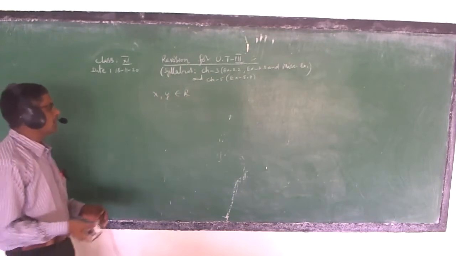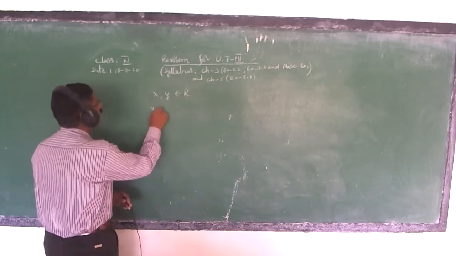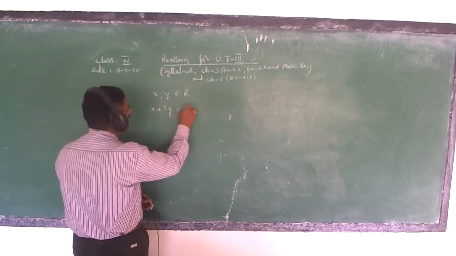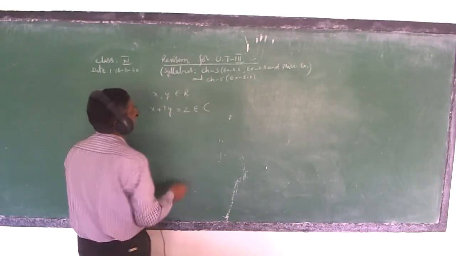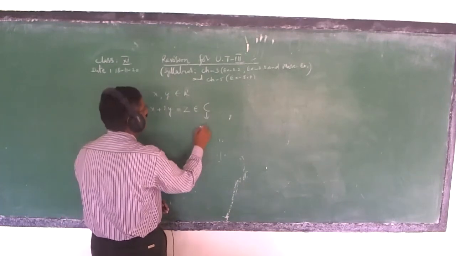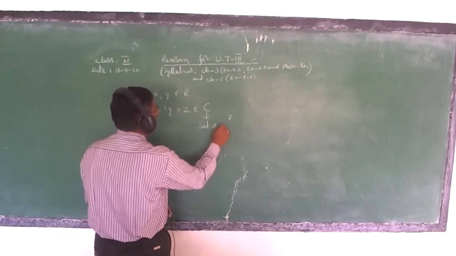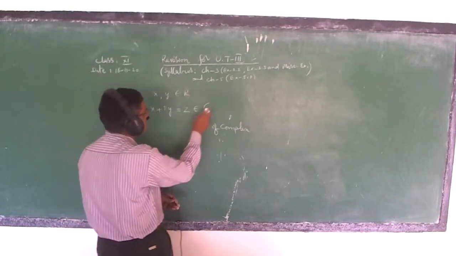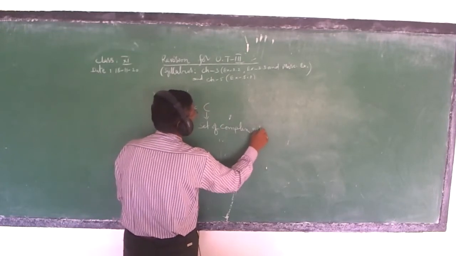Then any number which is expressed in the form of x plus iy is denoted by z. This belongs to the set of complex numbers. This C stands for the set of complex numbers, like R stands for the set of real numbers.